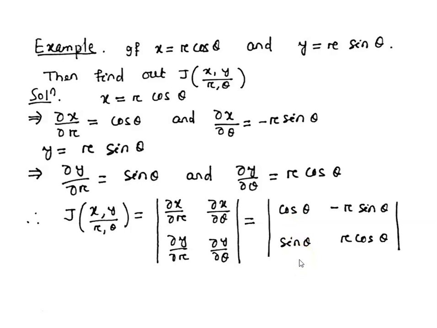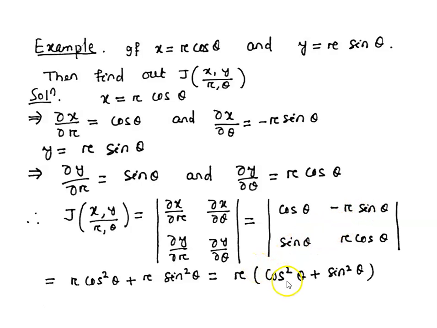The determinant of this is r cos² theta plus r sin² theta. By taking r common, we have r into (cos² theta plus sin² theta), which is 1. So the Jacobian of x, y with respect to r, theta is r.